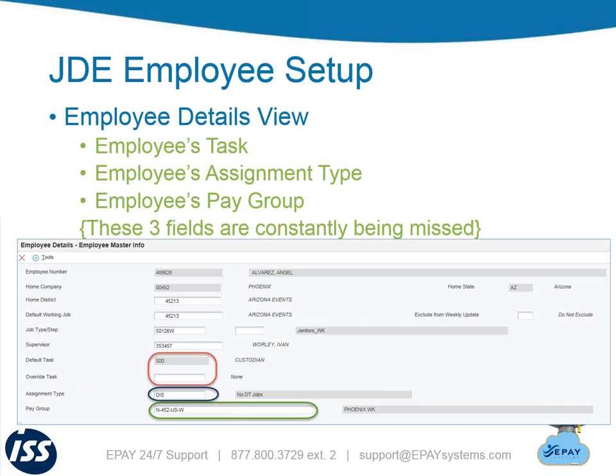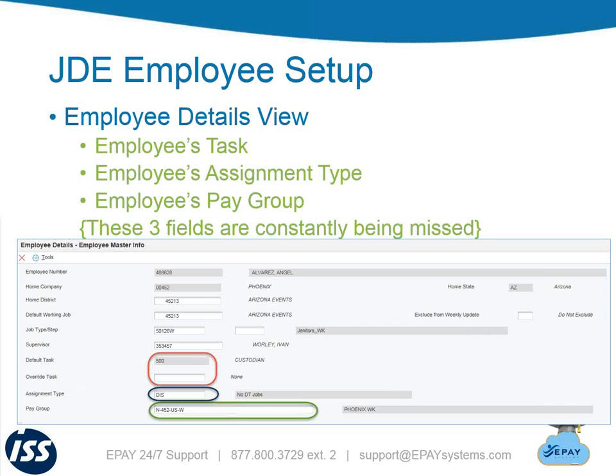The common question that Tiandra and myself always get is, this employee is showing up as a custodian in Blue Force, but they really should be a mailroom clerk. Well, I pull up the employee record in JDE, and lo and behold, they're coded as a custodian.